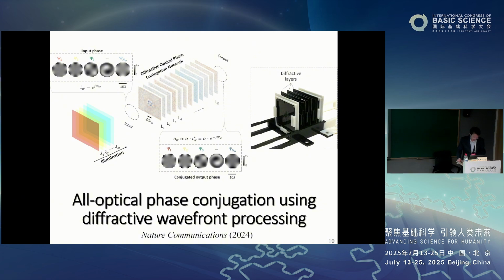For example, here shows the phase modulation of the light. It can easily incorporate optical nonlinear activations to improve the performance. The layer coefficients are trained through deep learning, and once fabricated, they perform all-optical inference without any power consumption.